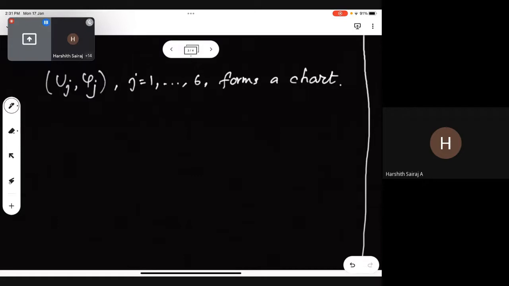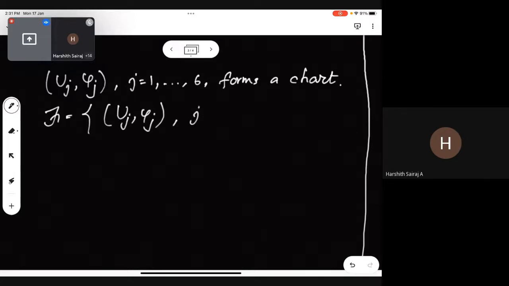Now, whether this collection gives you an atlas. So you consider F = {(U_j, φ_j), j from 1 to 6}. So the question is whether F is an atlas, right?